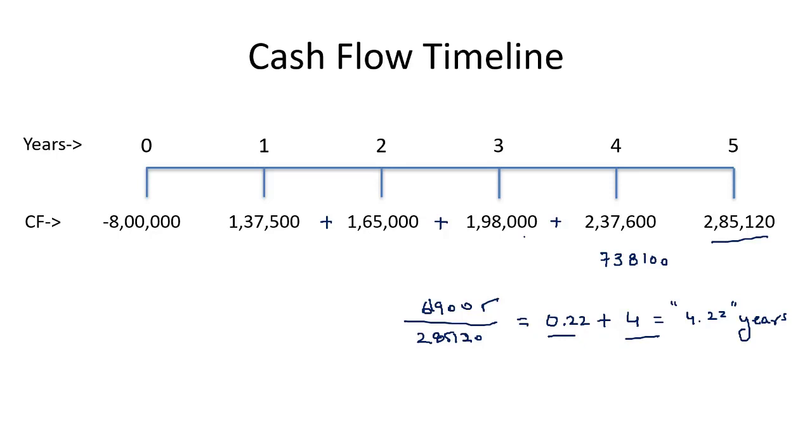So what does this really mean? If you look at this number of 4.2 years, what we mean is, if we are looking at a cash flow assessment of 1 to 5 years, the majority of our initial investment, that is the cost, will be recovered only towards the end of the period.